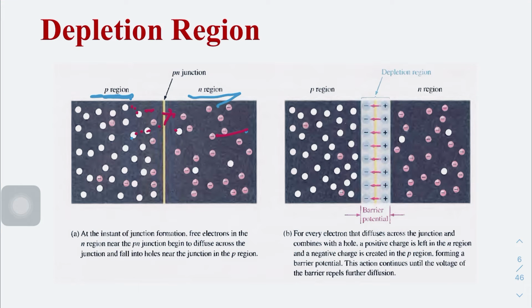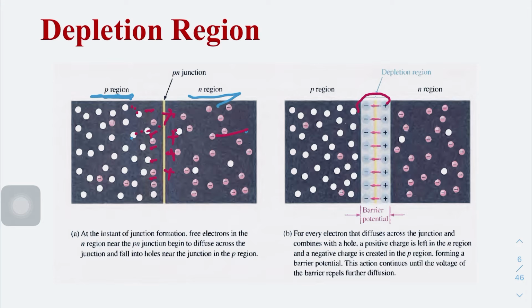As more electrons pass from the n side to the p side and holes from the p side to the n side, we get a greater number of positive ions in the n side and negative ions in the p side, as we see from this picture. Then a region is created which is called the depletion layer or depletion zone.